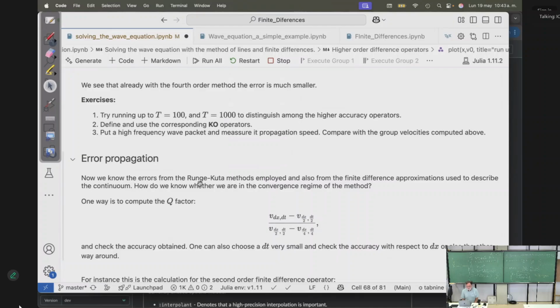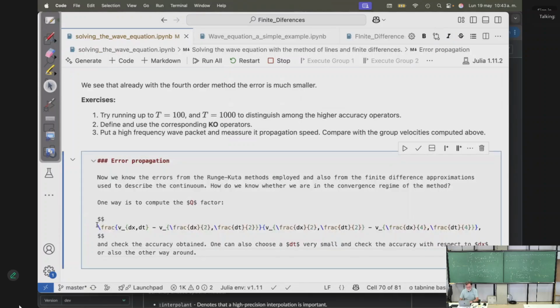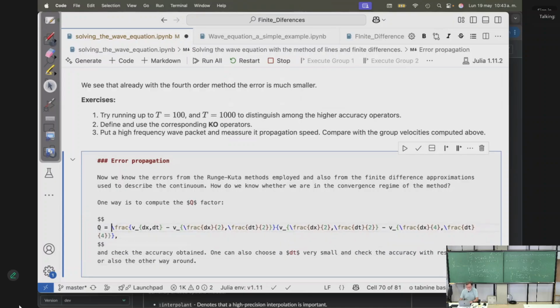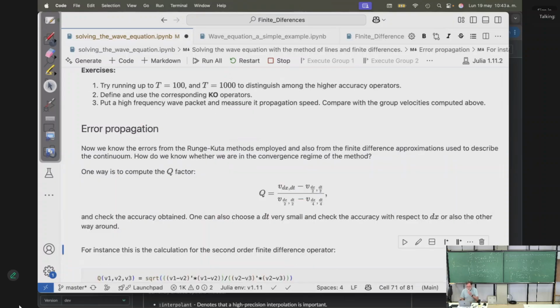So we know that we can compute the Q factor, which is the difference. You do 3 calculations at different resolutions: B with dx, dt, B with dx over 2, dt over 2, and so on.